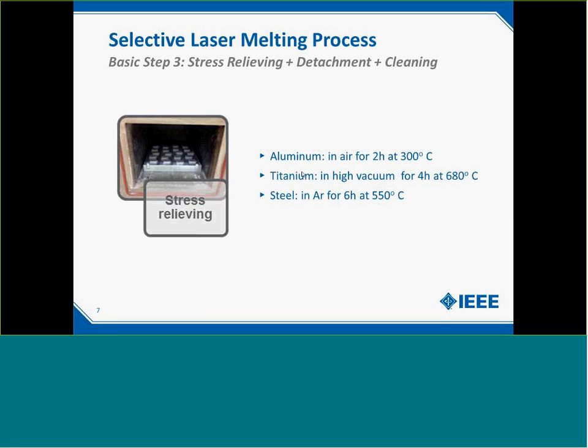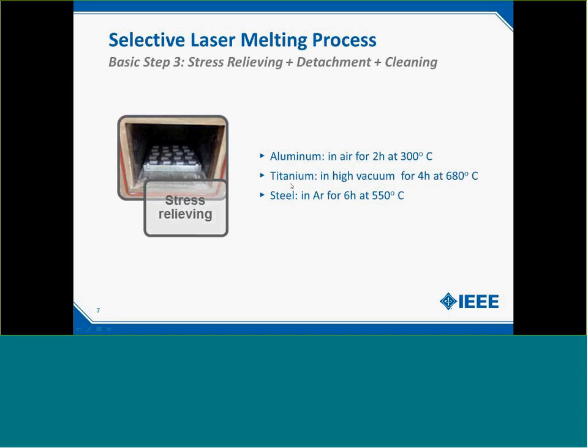The parts that have been built are then detached from the platform. But before doing that, the platform and the parts undergo a stress relieving process that depends on the metal that has been used. For aluminum parts, the stress relieving post-processing occurs in air for 2 hours at 300 degrees Celsius, that is, in a normal oven.